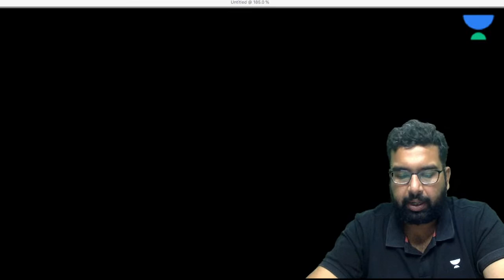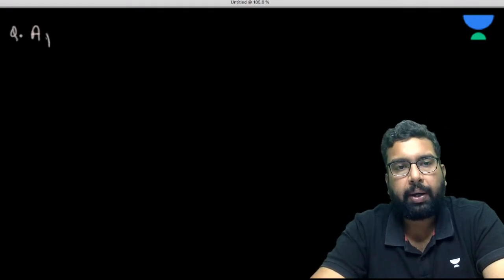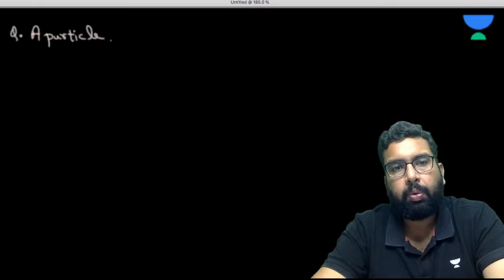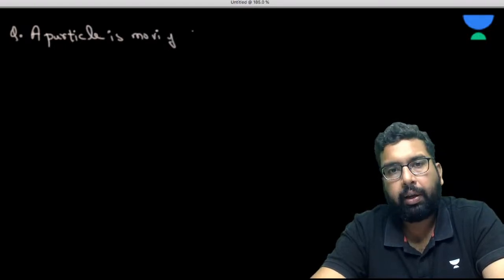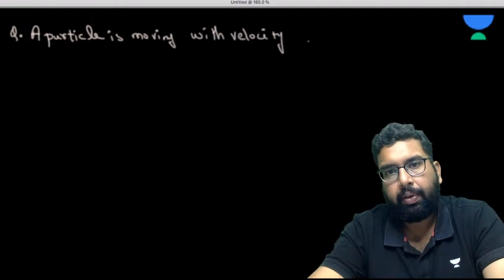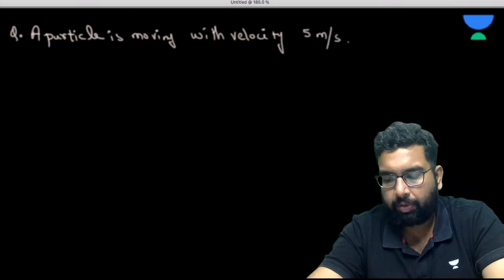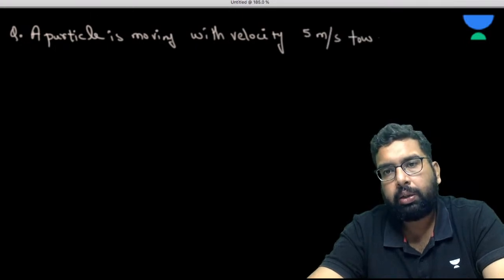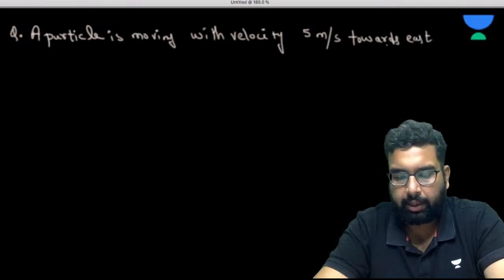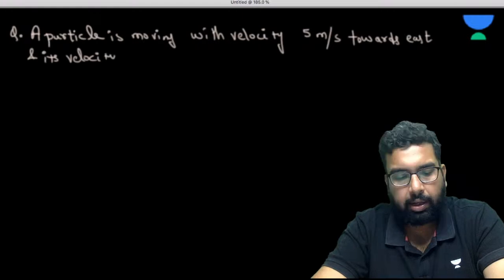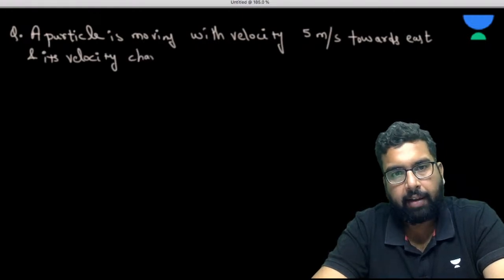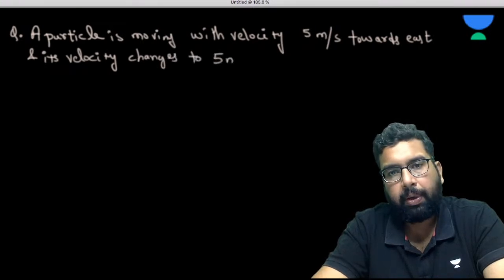Let's suppose a particle is moving with velocity 5 meter per second towards east, and its velocity changes to 5 meter per second north in 10 seconds.